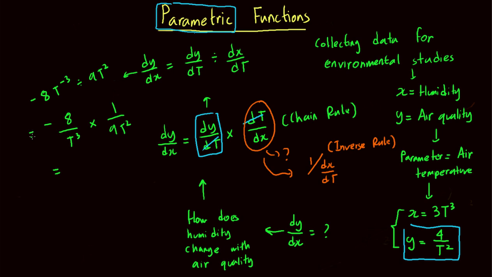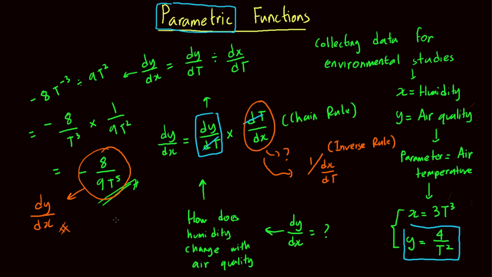And if you were to simplify it, it'd be negative 8 over 9t to the power of 5. So this is your dy/dx actually.